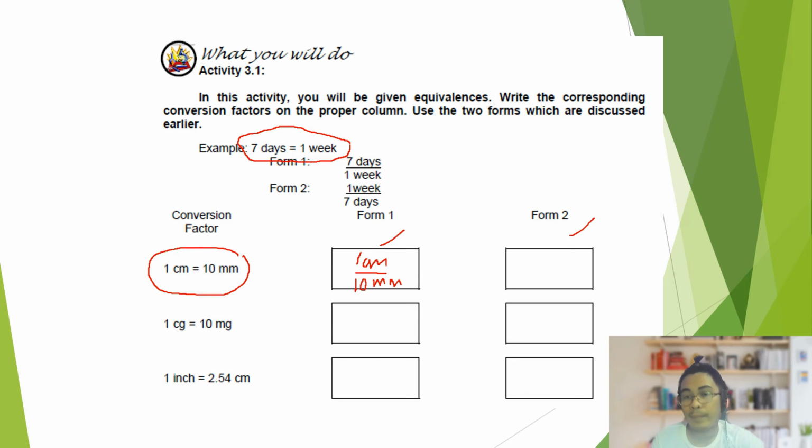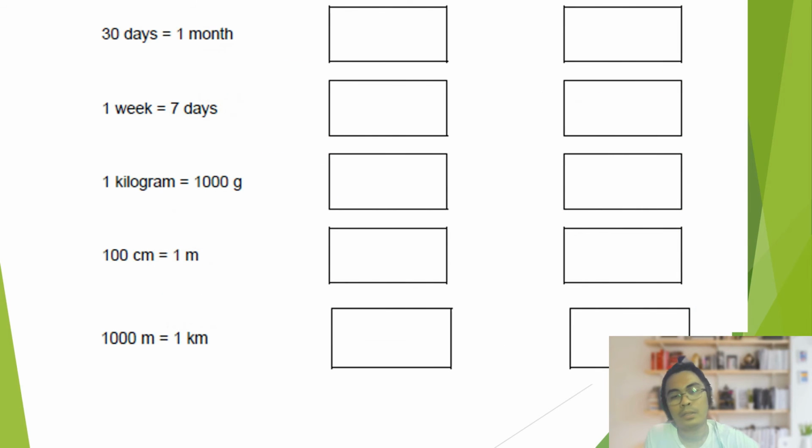And apply that in the remaining items. You can now answer activity 3.1. That's how simple the activities are for this major. Other examples and items are provided in your module.